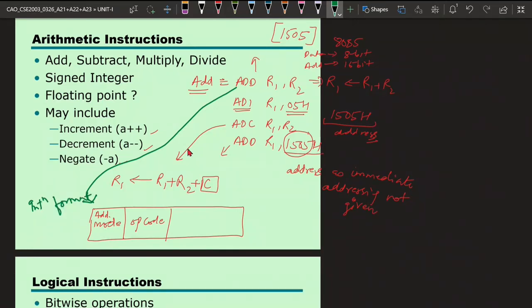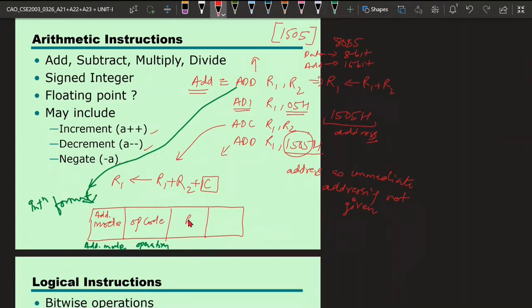For this instruction, the instruction format has an addressing mode, then the opcode, meaning what operation it is going to perform, and along with the operation it talks about the operands, the different operands that are there.